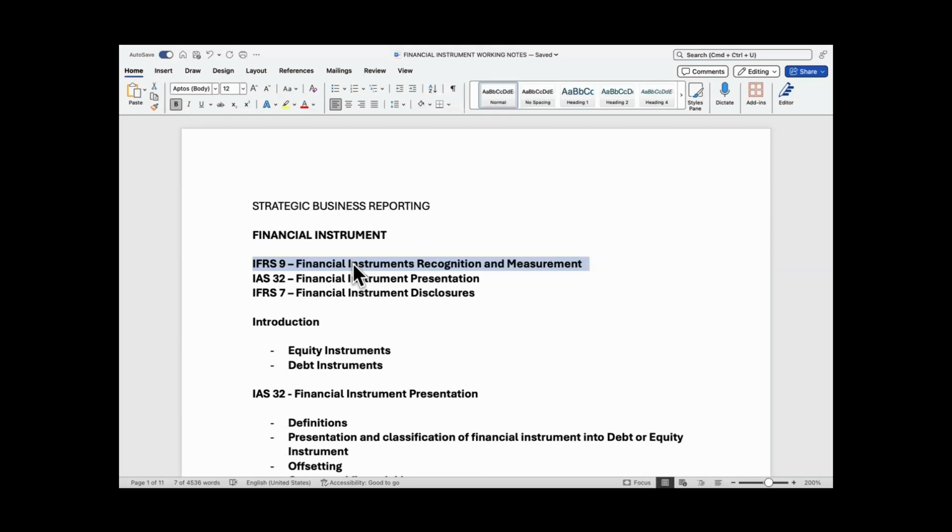But if your business model is, of course, to earn interest and also get principal, but in addition to that, you can also sell, we call such debt investment available for sale financial asset. Those are usually classified at fair value through other comprehensive income.